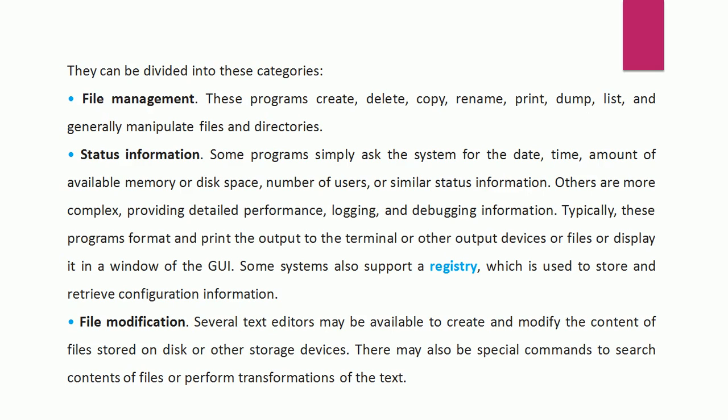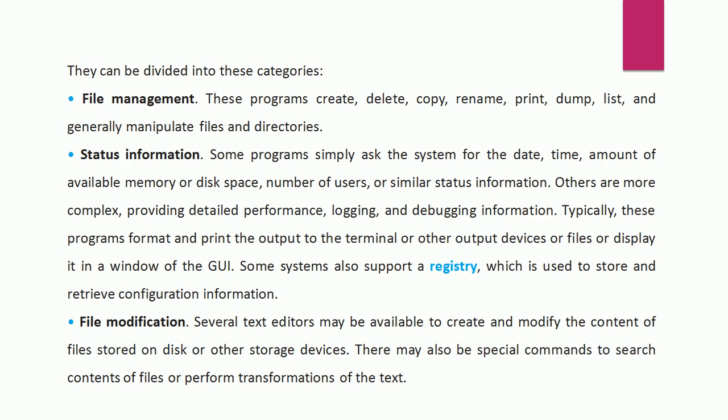Number two, status information. Some programs simply ask the system for the date, time, amount of available memory and disk space, number of users, or similar status information. Others are more complex, providing detailed performance, logging, and debugging information.